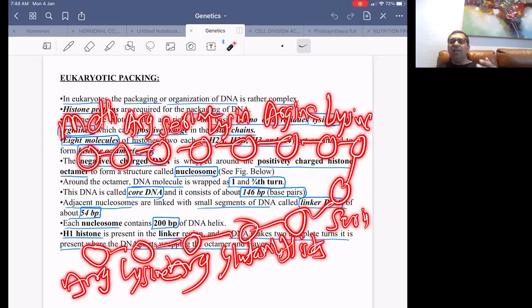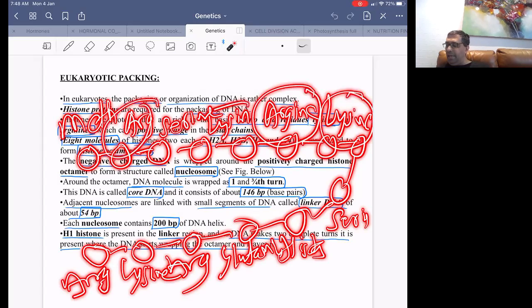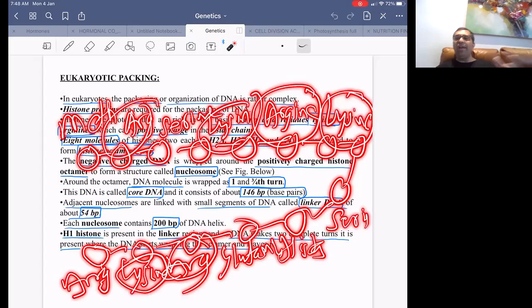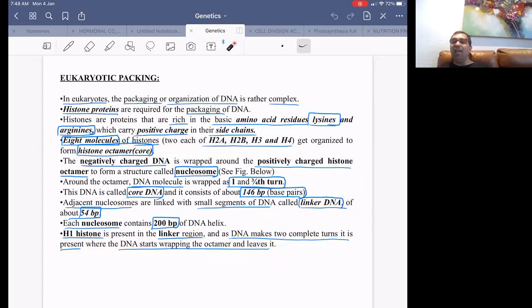Which amino acids keep repeating the most? Arginine and lysine. So these are mostly lysine and arginine amino acids, which are basic amino acids, and they are positively charged.